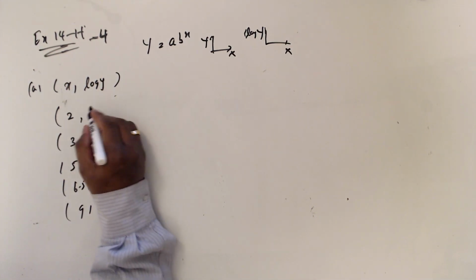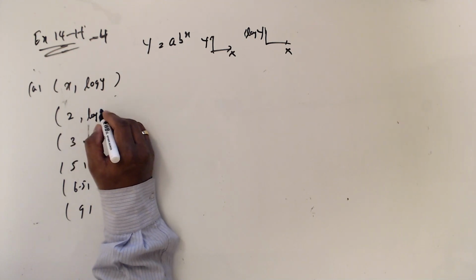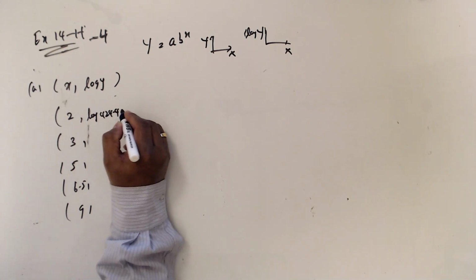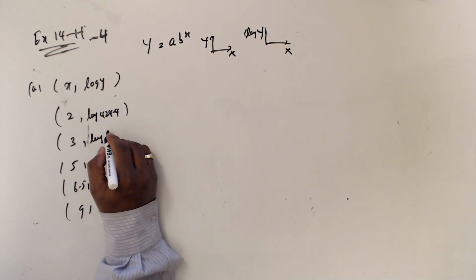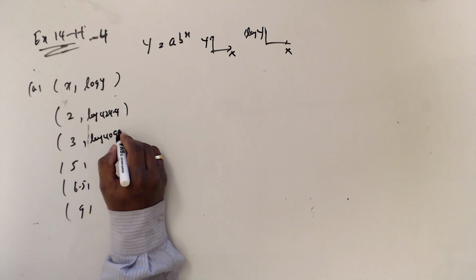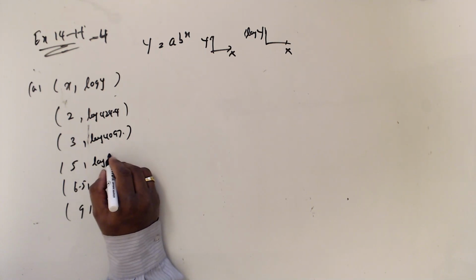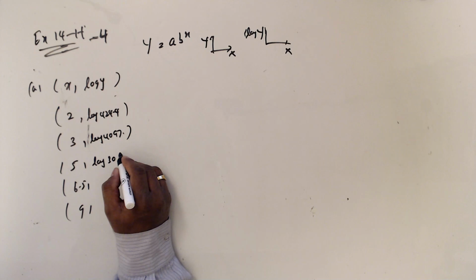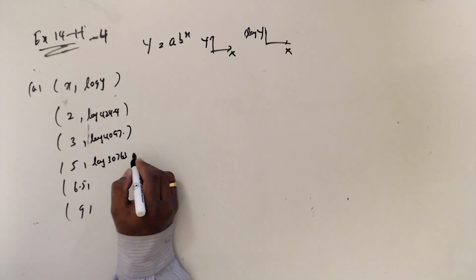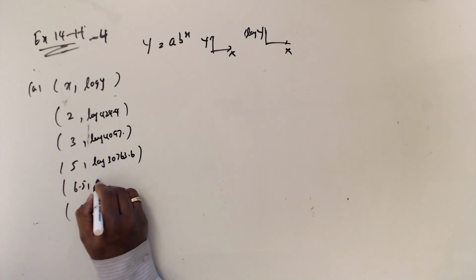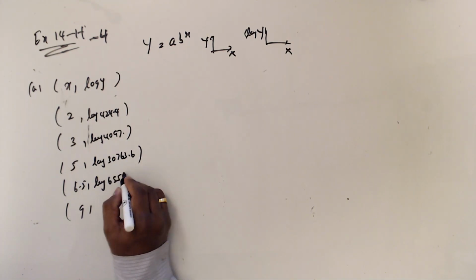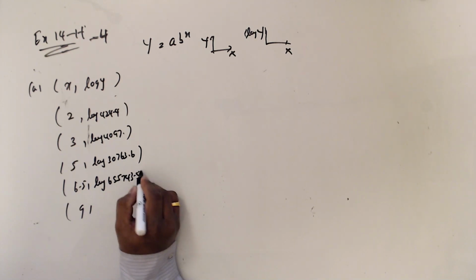So this is going to be log 424.4, and this is log 4000, 40,097.0, and the other one log 30763.6. The other one is log 655,743.5.